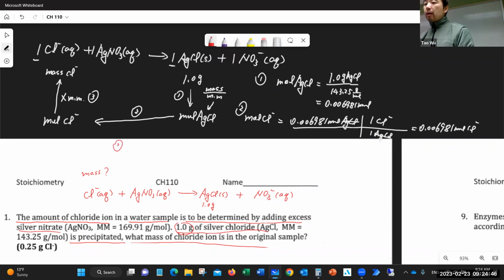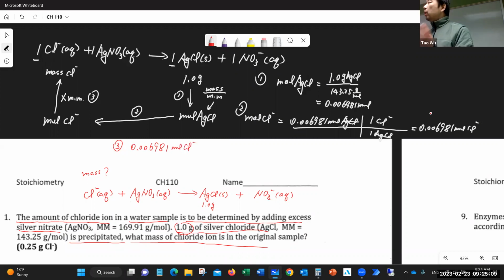Then the last step is to convert the mole of the chloride ion to the mass of the chloride ion. So what we do: 0.00698 mole of the chloride ion.